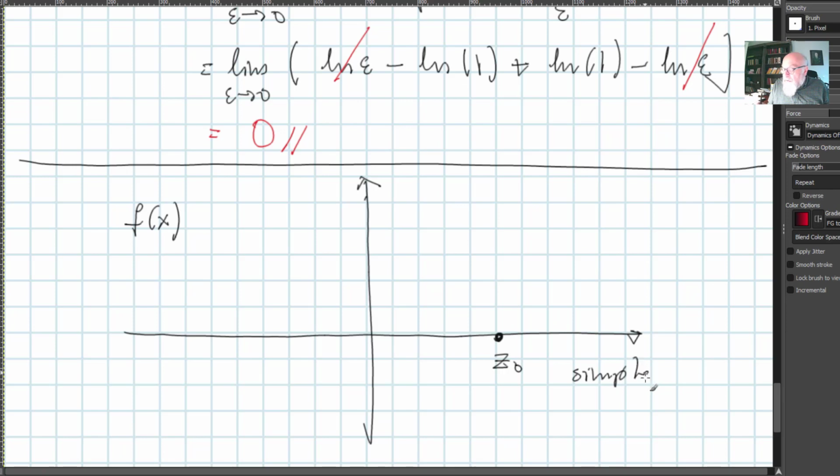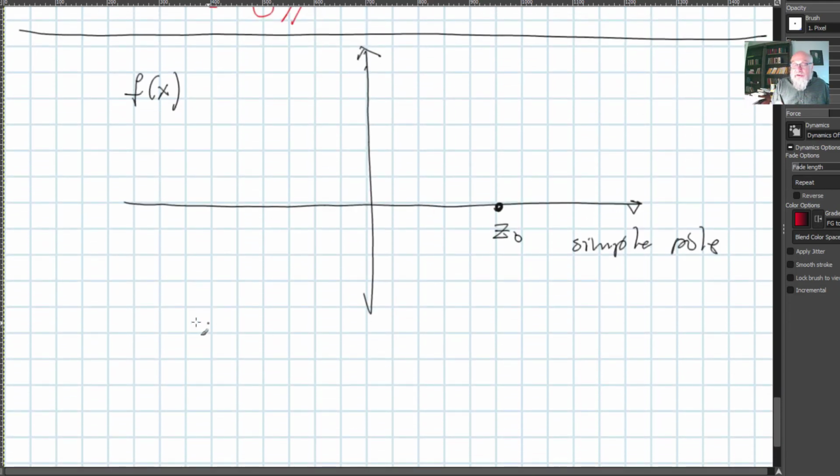Now let's say I'm trying to compute the integral from minus infinity to infinity of f of x dx. I understand there is a singularity here, so I cannot compute this integral in the usual sense. That means I will be trying to compute the principal value of this integral.